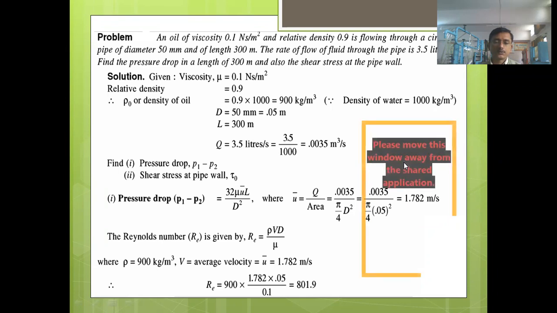One, two, three, four, 615 Newton per centimeter square.